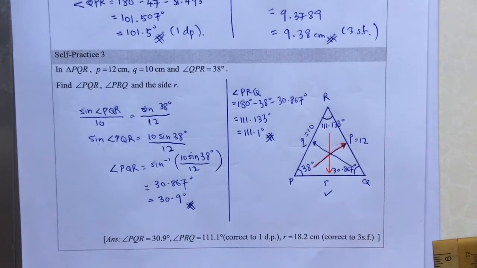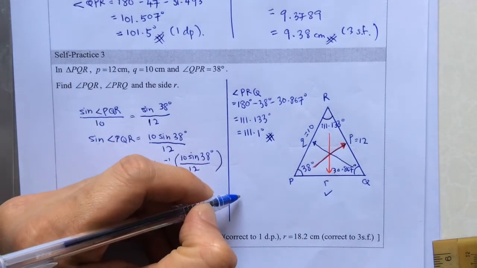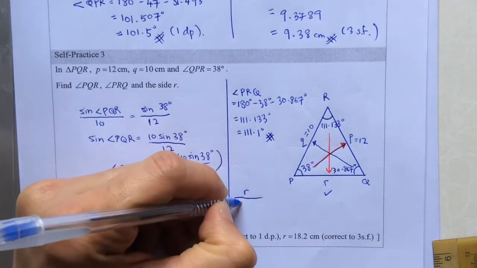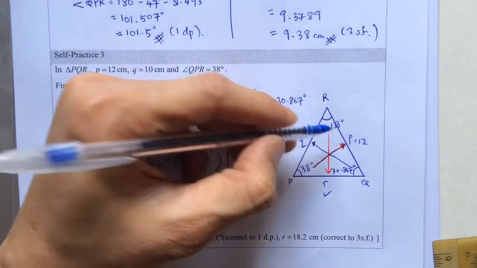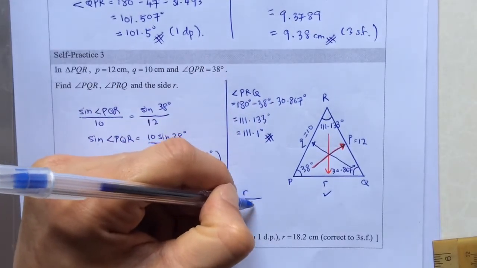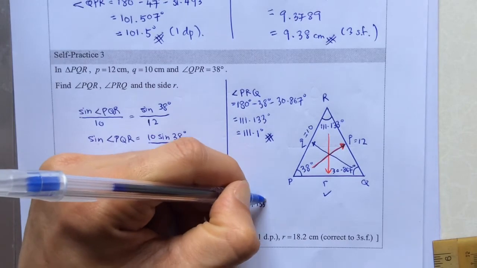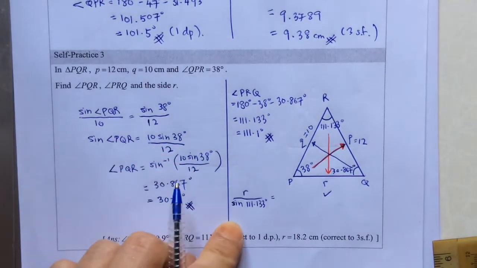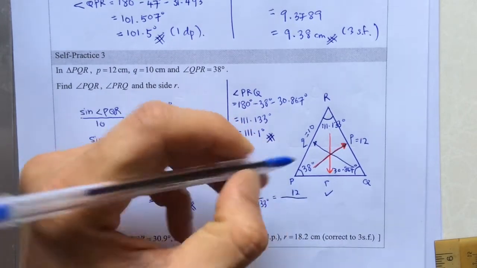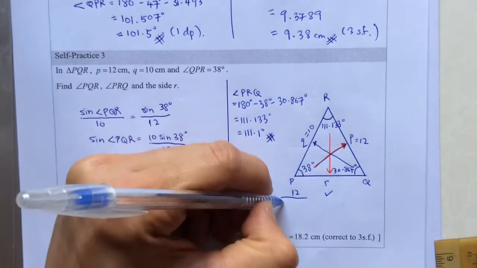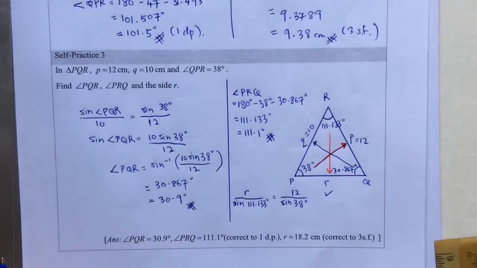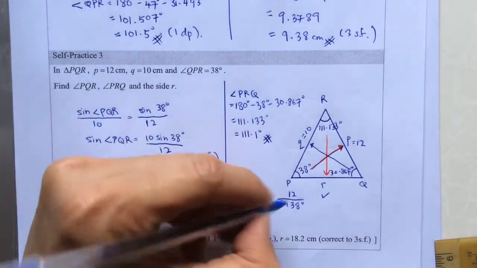So r is the unknown, put it first, over sine of 111.133 degrees, and then we're going to find a side. So it was 12, so the side is 12, and then sine 38 degrees. And we can find the value of r.